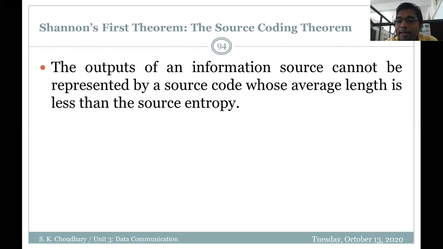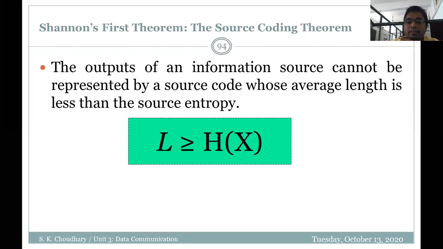We can represent it with a mathematical equation: the average code word length L should always be greater than or equal to the source entropy H(X), but it can never be less than H(X). Okay.